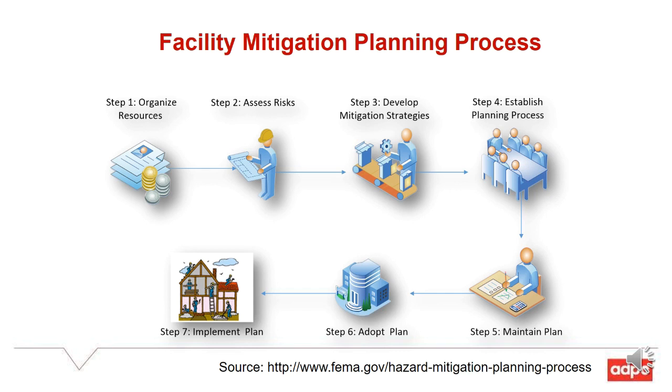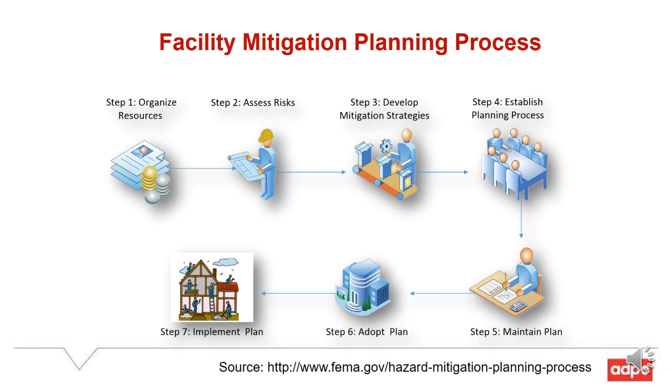We can go from the top, from the macro risk assessment, to the very micro risk assessment in the facility mitigation planning process. The macro one can be resolved through planning and strategy, whereas facility mitigation planning requires more detailed vulnerability and risk assessment.